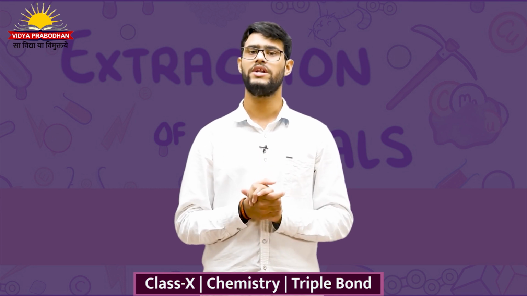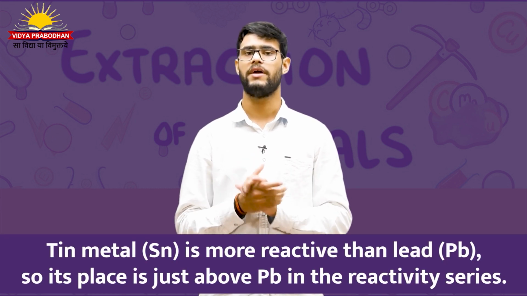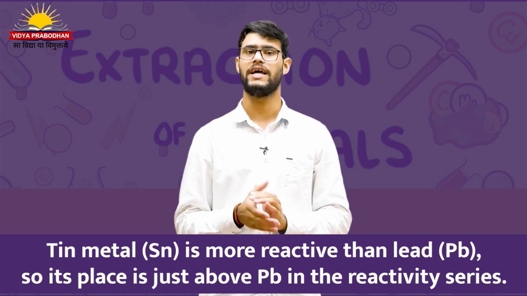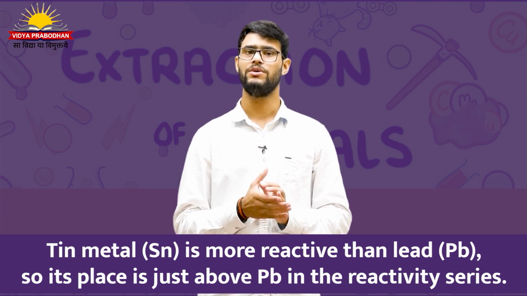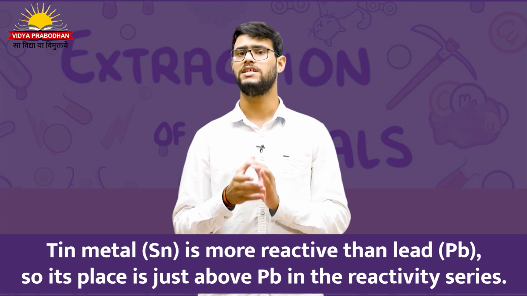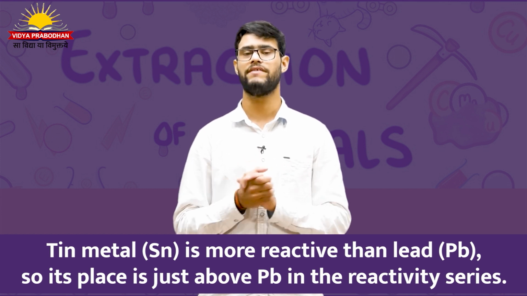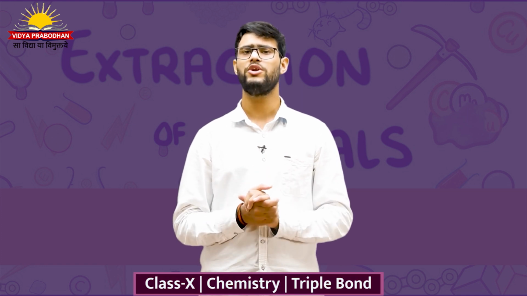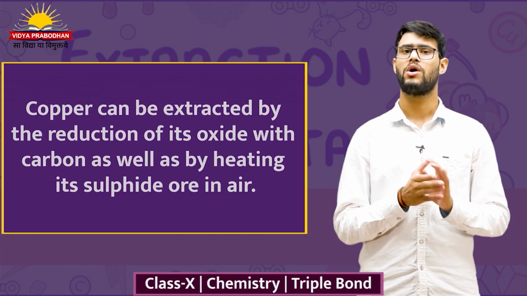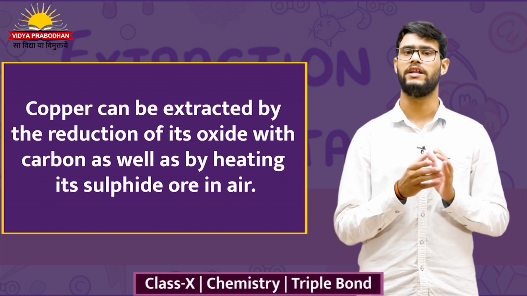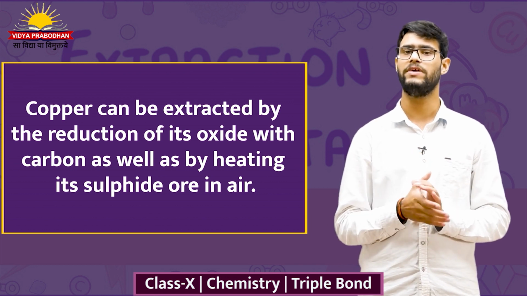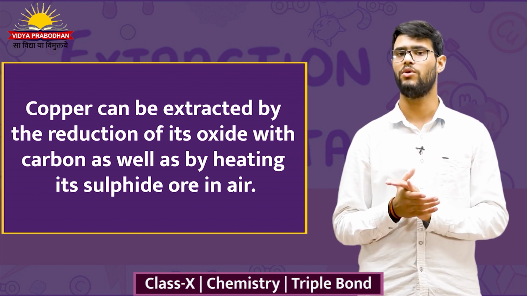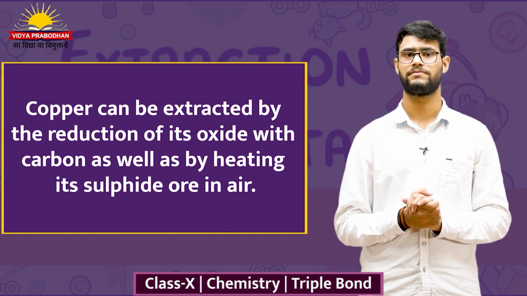Another point to be noted is that tin metal, that is Sn, is more reactive than lead, that is Pb. So, its place is just above Pb in the reactivity series. Yet another point to be noted is that copper can be extracted by the reduction of its oxide with carbon as well as by heating its sulfide ore in air.